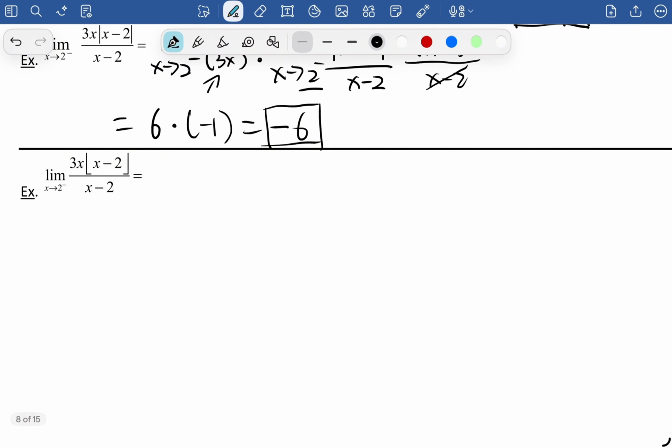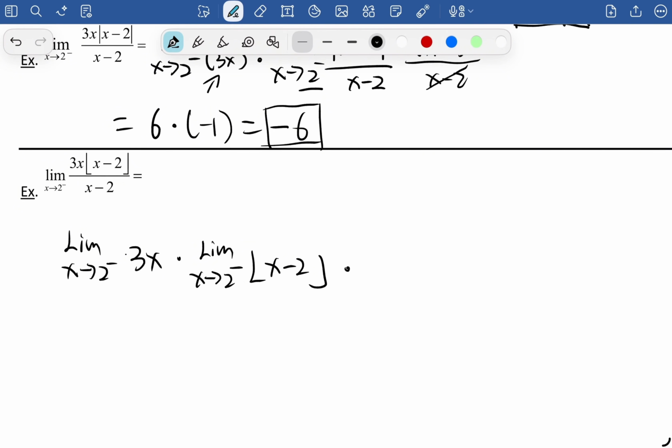And also this one. Split them up. The limit as x approaches 2 minus of 3x, times the limit as x approaches 2 minus of the step function of x minus 2, times the limit as x approaches 2 minus of 1 over x minus 2.